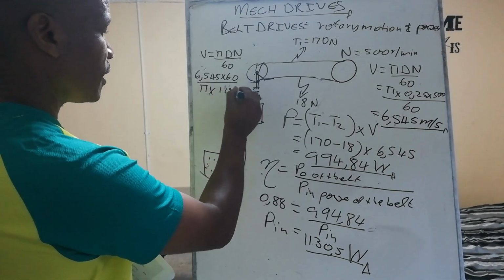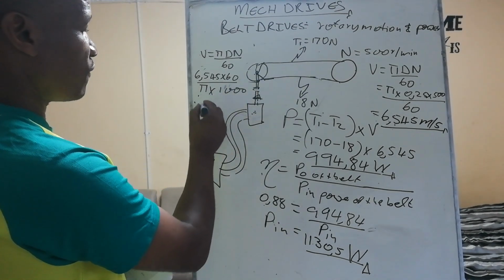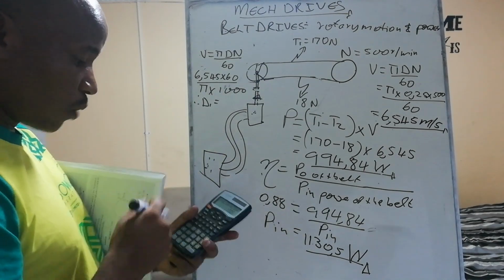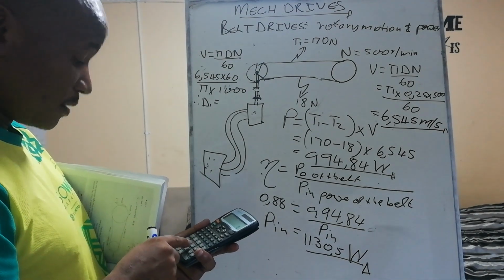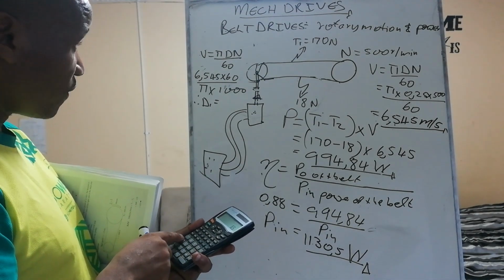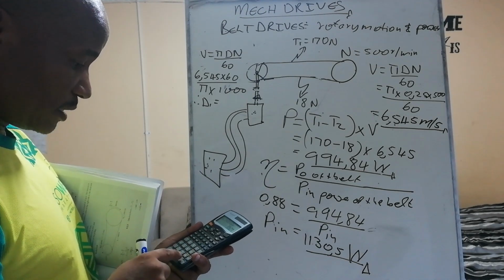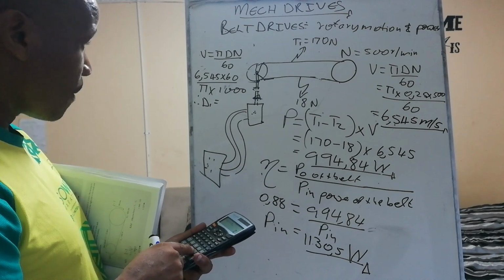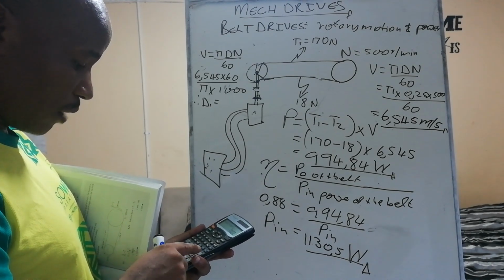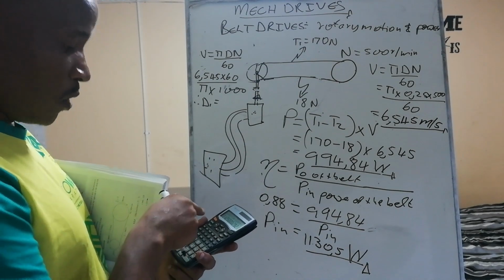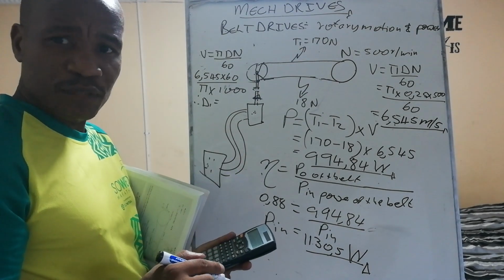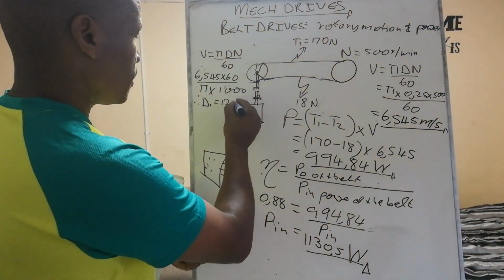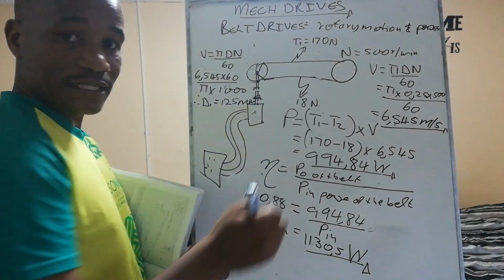If it rotates at 1,000 revs per minute, therefore the diameter of the driver is equal to 6,545 multiplied by 60 divided by open brackets, second function pi, multiply by 1,000, is equal to 0,125 meters. Multiply by 1,000 is 125 millimeters.